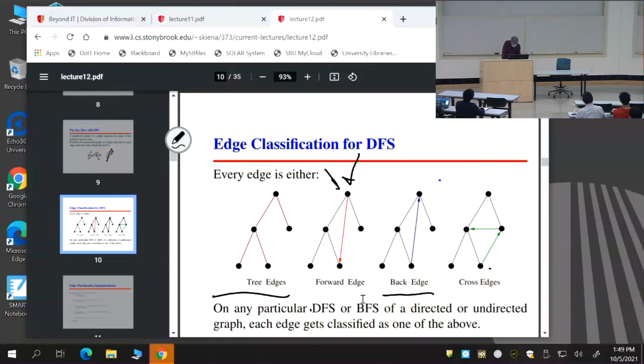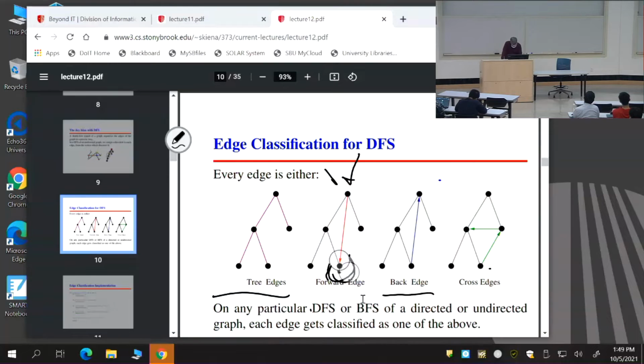Because when I was processing this vertex, I will eventually go through all of its children before. So this edge is presumably going to be discovered when I expand this vertex. Okay? And the direction on this edge is going to be going back to an ancestor, not here.